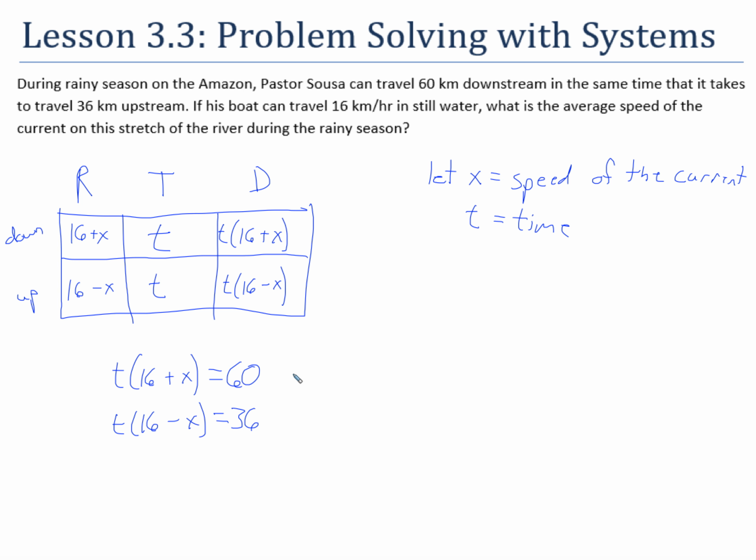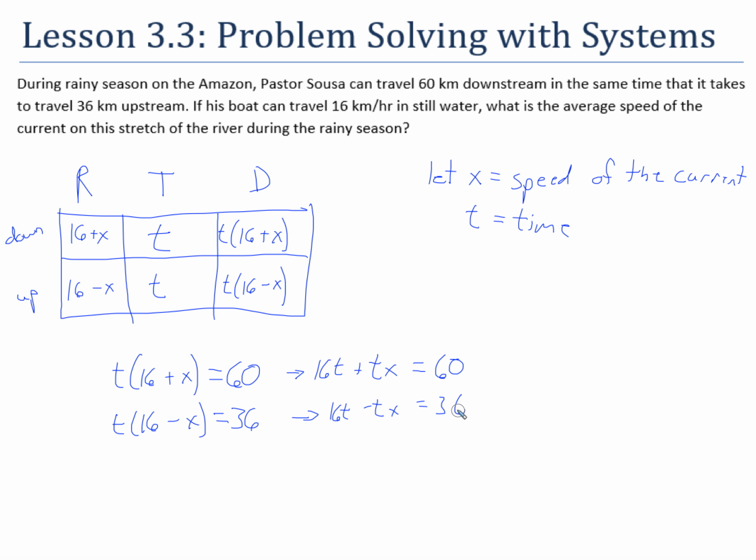So let's distribute our t here. We get 16t plus, and this is kind of interesting, t times x, so tx, equals 60. And down here, we have 16t, distribute the t, minus tx equals 36.